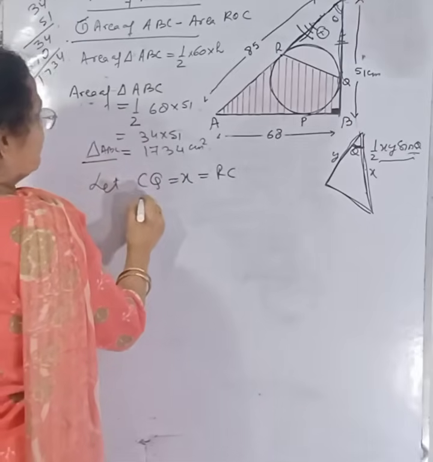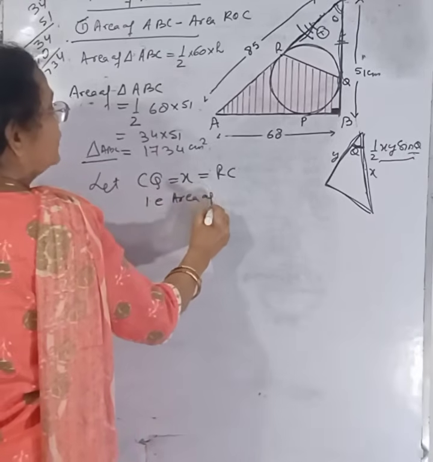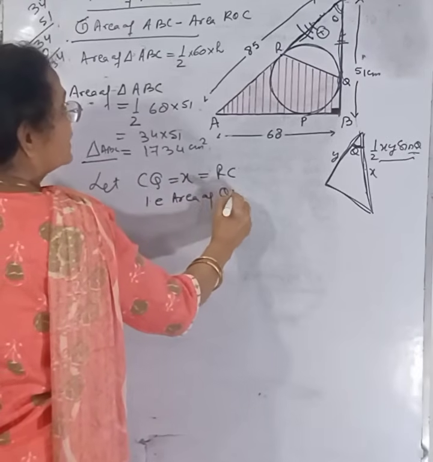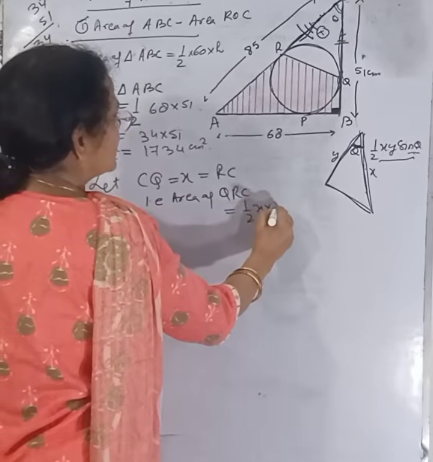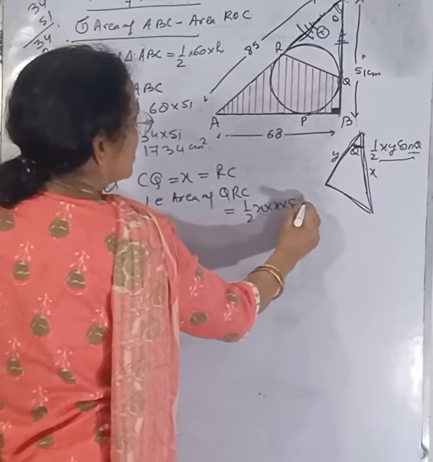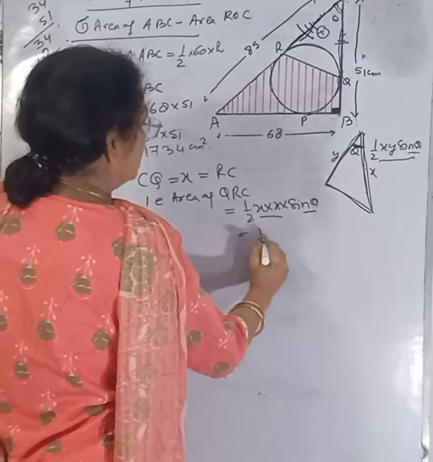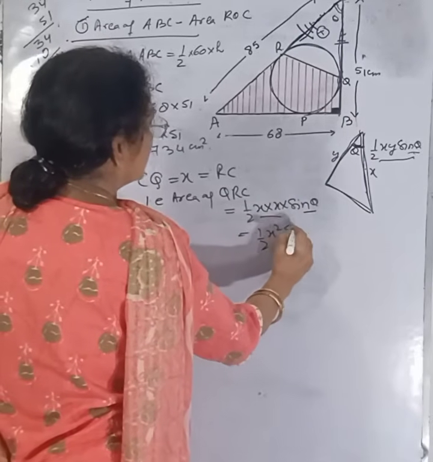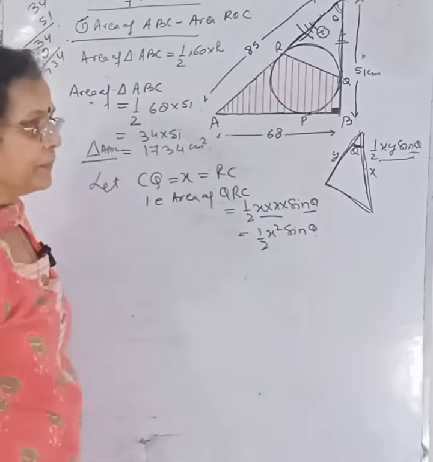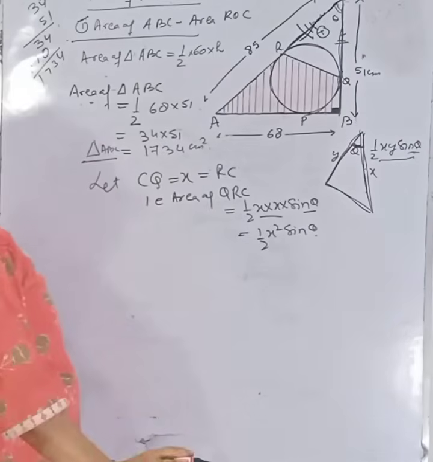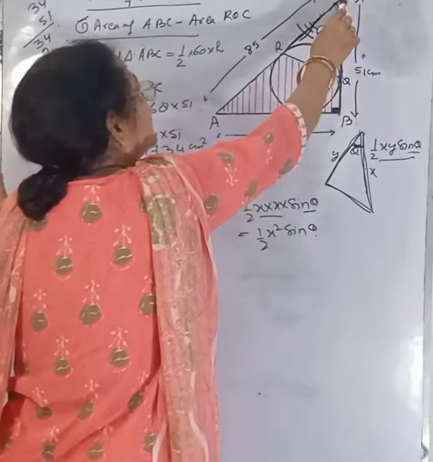It means the area of QRC will be equal to 1 by 2 x square sine theta. Now our aim is to find x and sine theta. Theta or x is to be obtained somehow. Theta can be obtained very easily because this theta angle is an angle of this triangle.